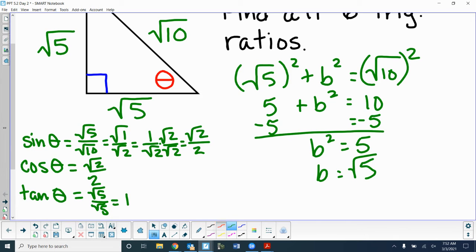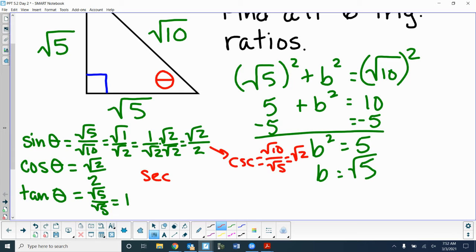And then the other 3 would be cosecant, the reciprocal. So square root of 10 over square root of 5, which is 10 divided by 5 is 2, right? Square root of 2 over 1. And that's going to be the same here for secant.